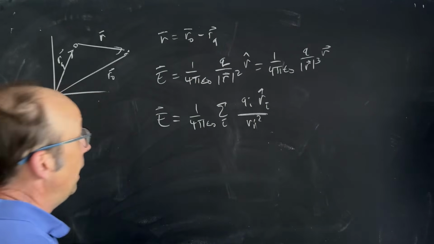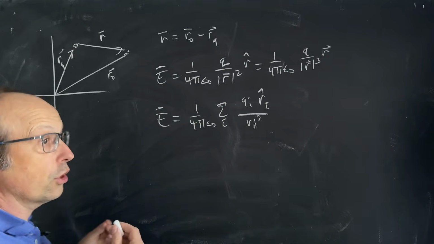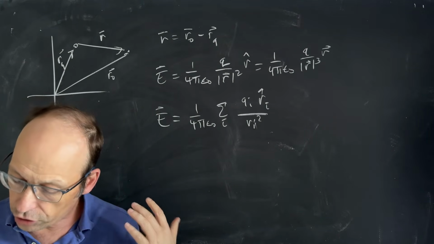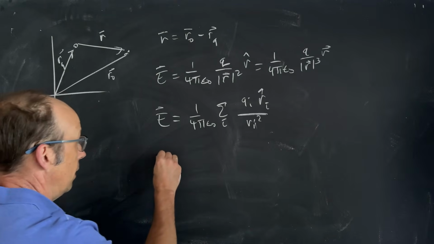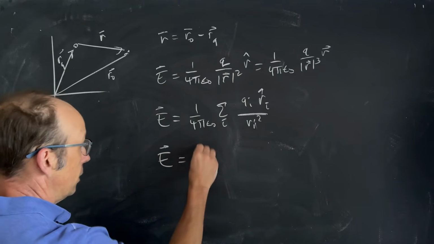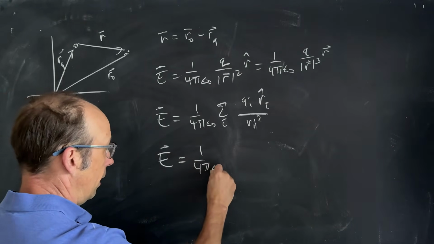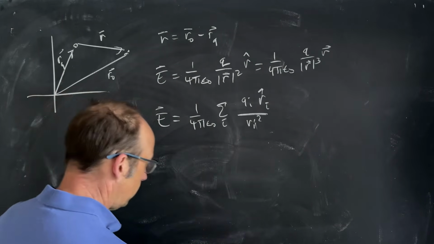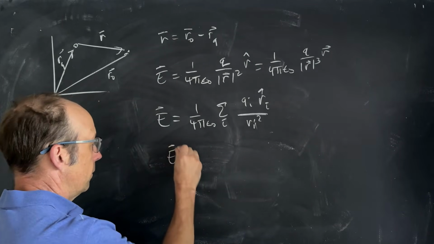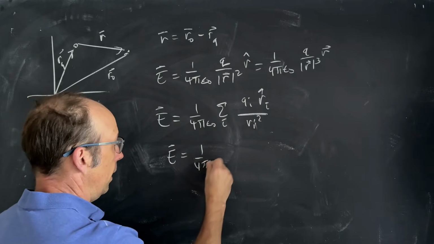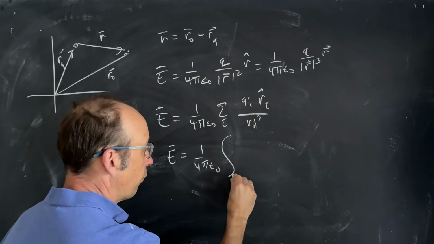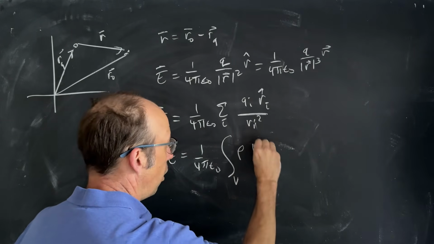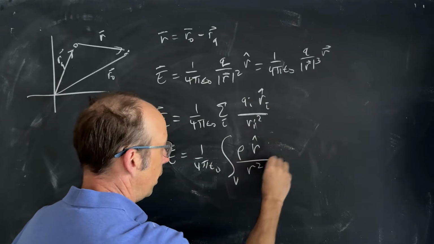Got that? Okay, now what if I have a charge distribution that's not points? What if I have a charge density? Well, then I can calculate the electric field: E is 1 over 4 pi epsilon naught, the integral over the volume of rho r hat over r squared dV.